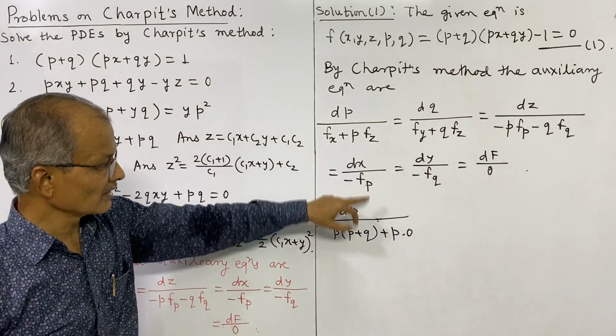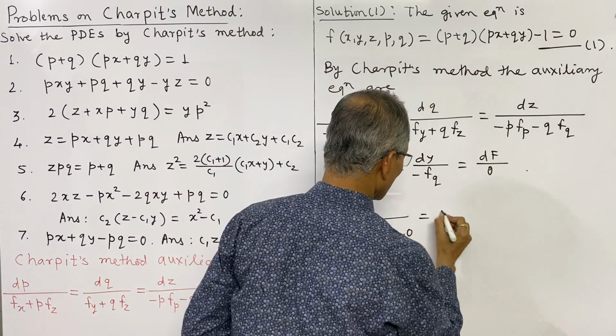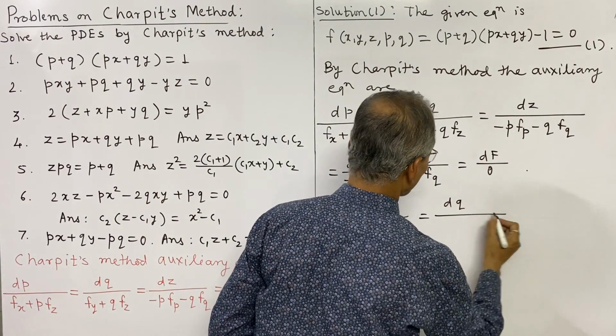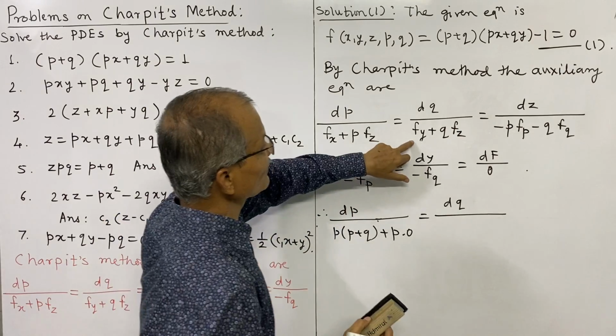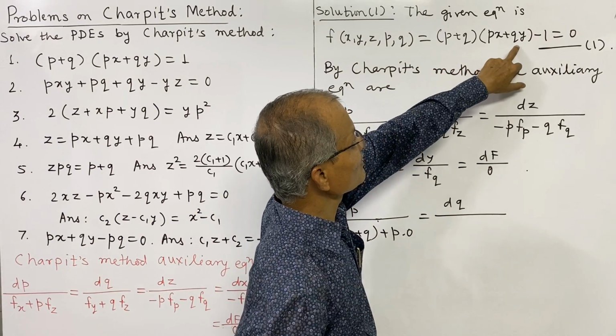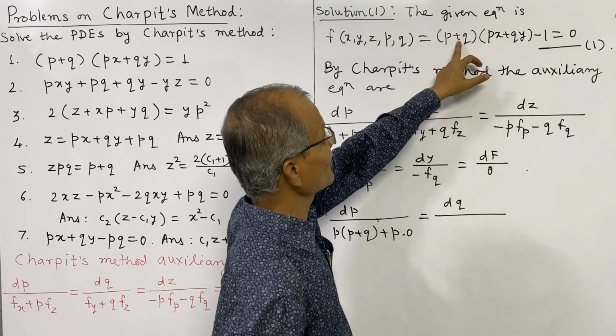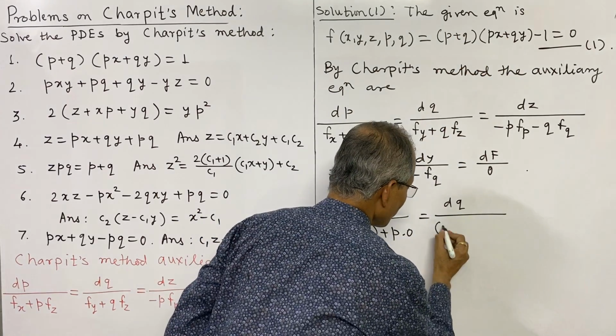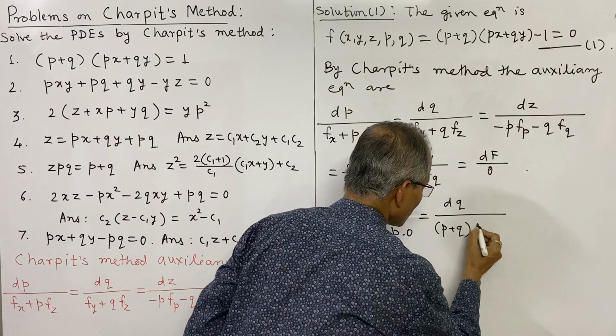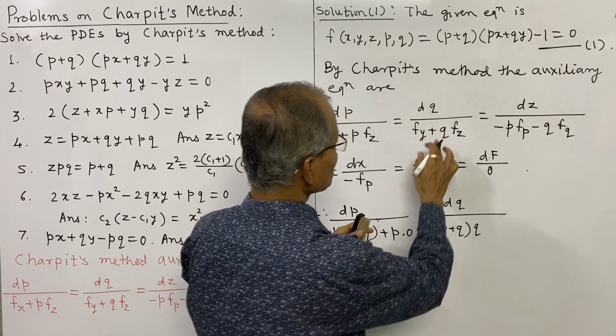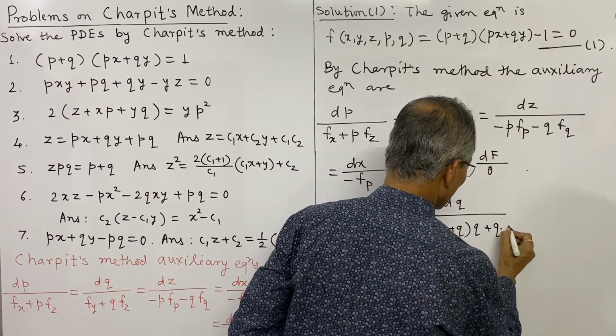So this we have obtained here, and it is equal to dq divided by the partial derivative of f with respect to y. Y is a term here, its derivative, q y derivative is q, but it is multiplied by (p plus q). So (p plus q) into q, and next is plus q into 0.